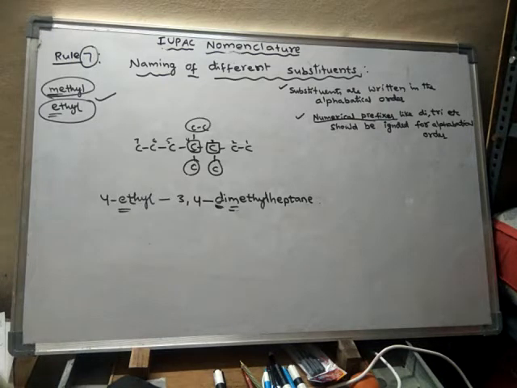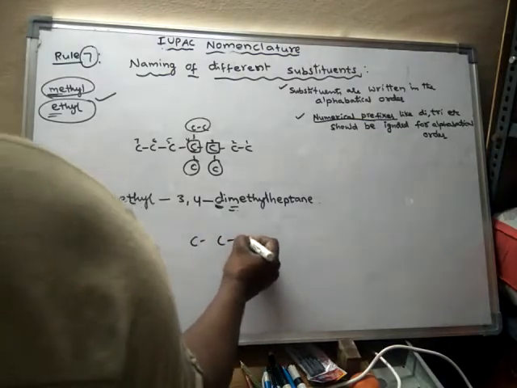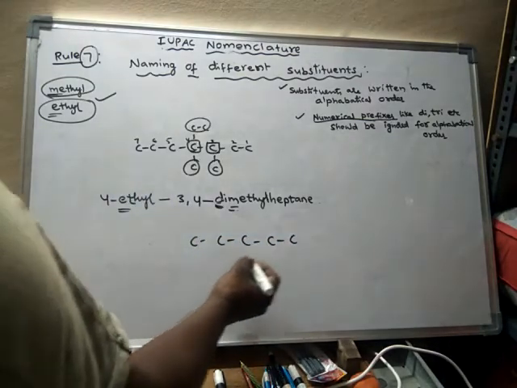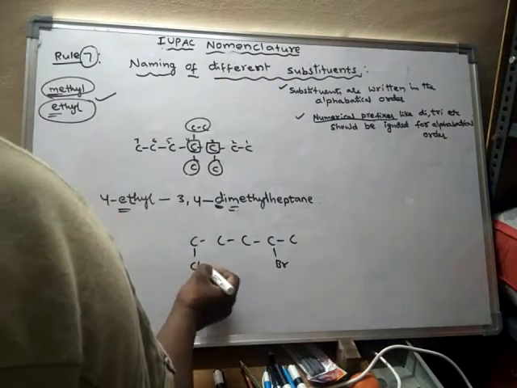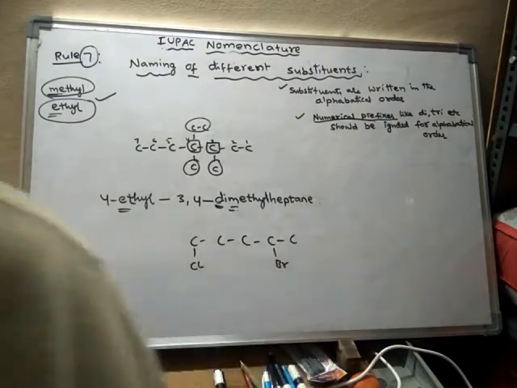Okay. And one more compound we'll see. 1 2 3 4 5. So here somewhere bromine, and here it is chlorine. Okay. So here how to give numbering? How to give numbering in such a case? So here there are two different substituents.